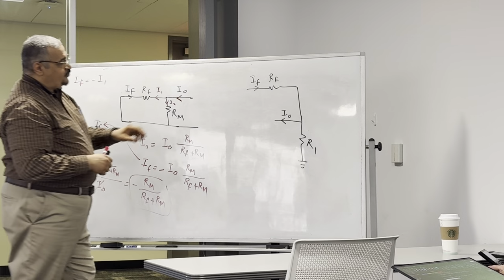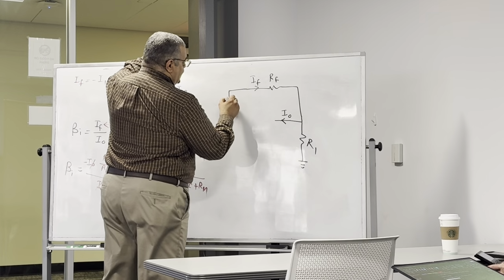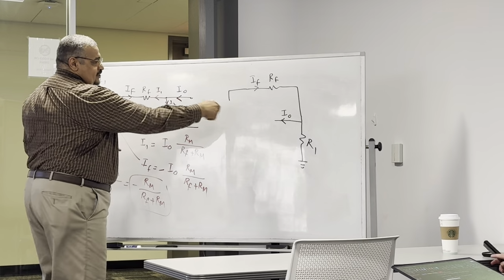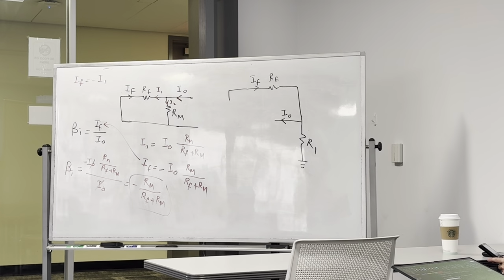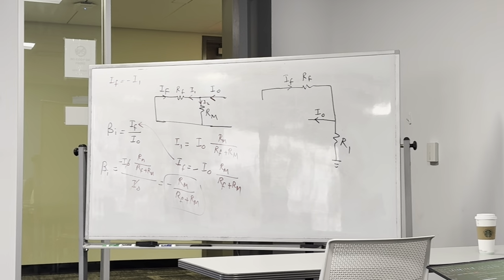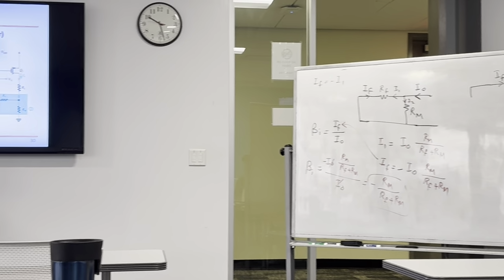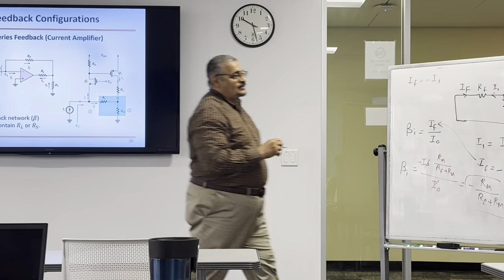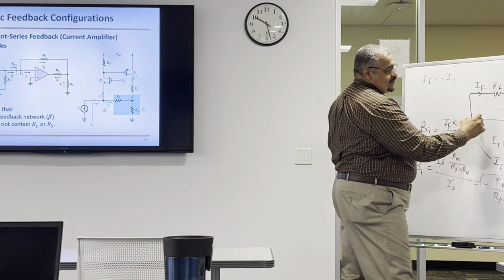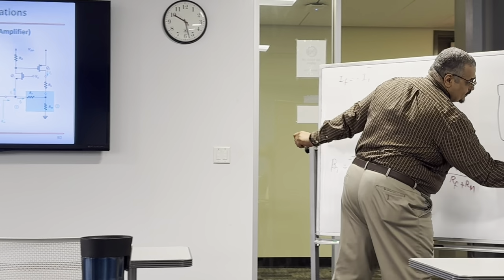Now, remember this one was connected here, right? It was connected to the input, IF. Now, if I cut here, what should I do with this side for the current to flow? You should connect it to the ground, right? The same as we did here. We have to short circuit this one.